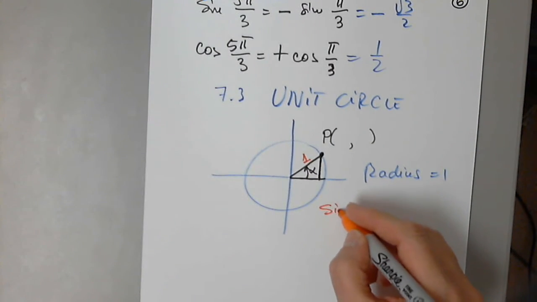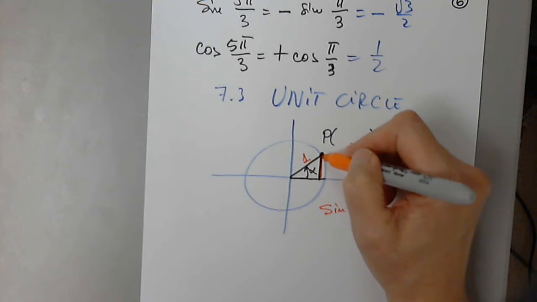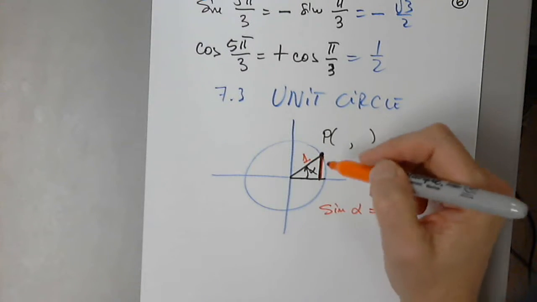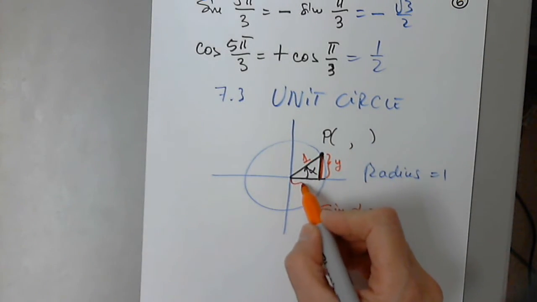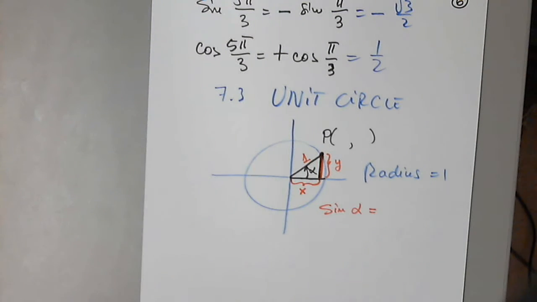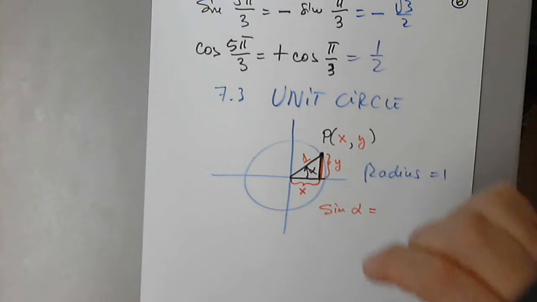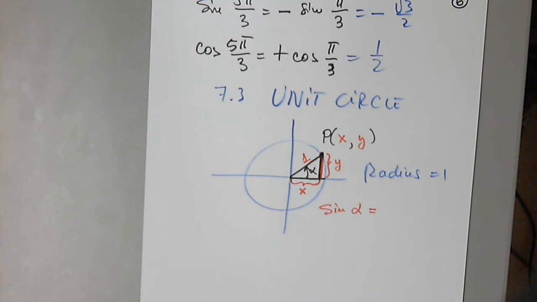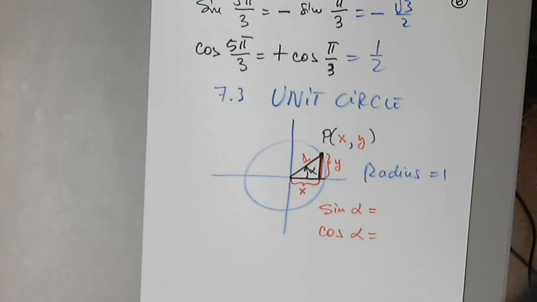Can anyone give us sine alpha? Of course, like any point on the Cartesian system, this is its y value, and this is its x value. So in other words, the coordinates of P are x comma y, and I would like us to identify cosine and sine. So for this alpha, what would be sine?